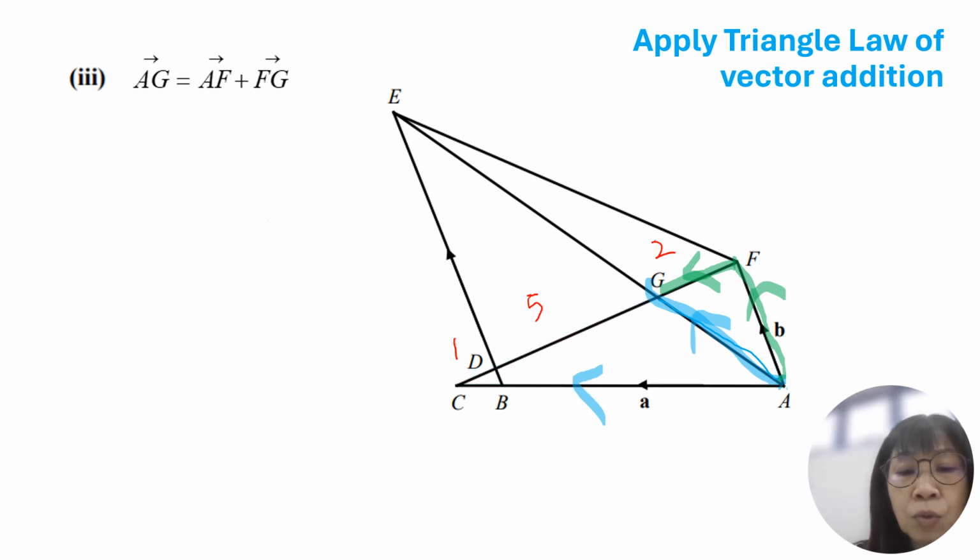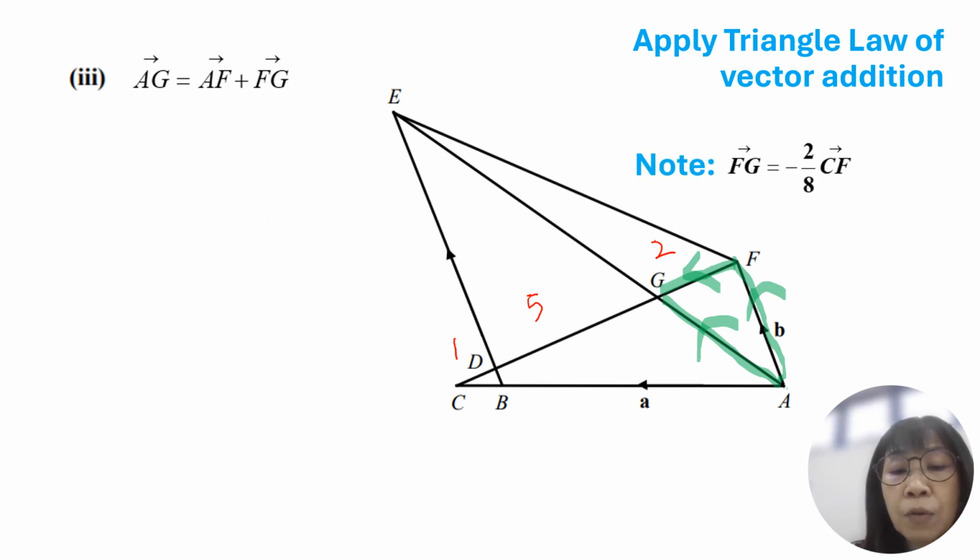So over here, let's focus on this particular triangle. As I mentioned earlier, do we know what FG is? Yes, we do, because I already know the ratio for FG is 2 over the entire CF, that is 8 units. So FG is equal to negative 2 over 8 CF, negative because it is moving in the opposite direction.